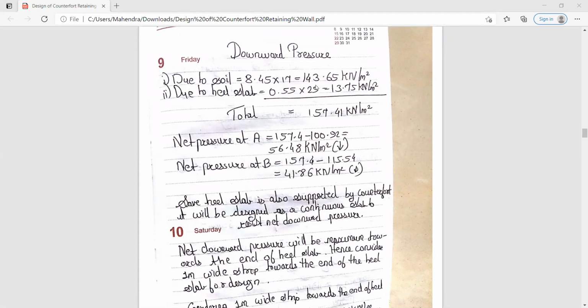Now you need to calculate net pressure at point B. So net pressure at point B will be total downward pressure minus the pressure that you had calculated in the previous step, that is 115.54. So the net pressure at B you get is 41.86 kilonewton per meter square. So first of all complete up till here, then we will proceed further.